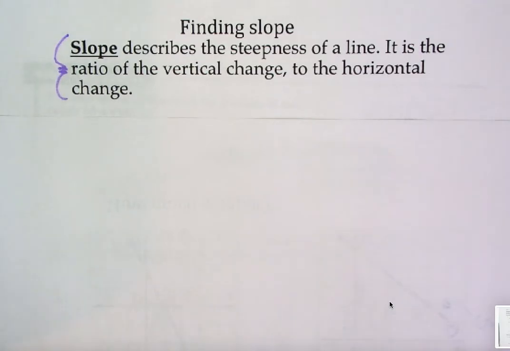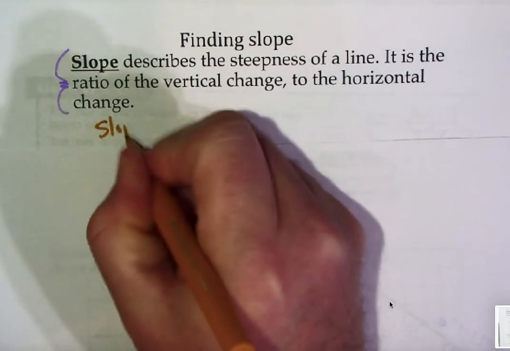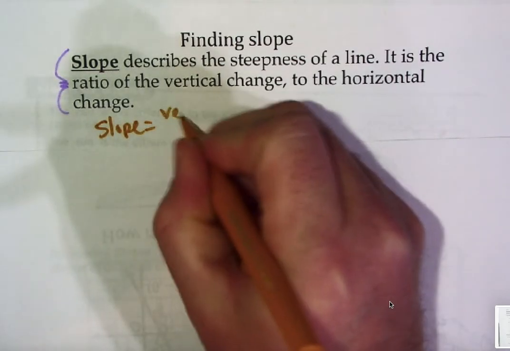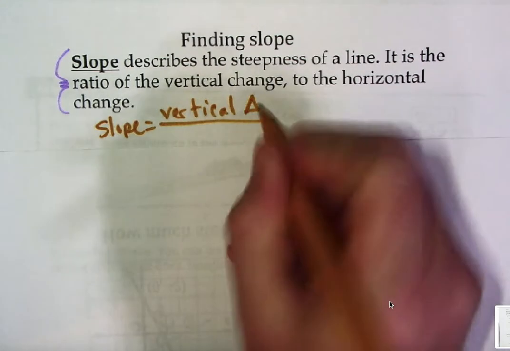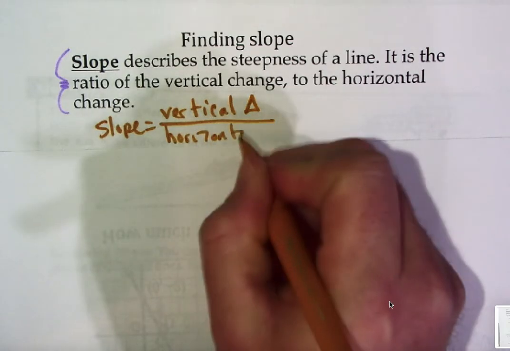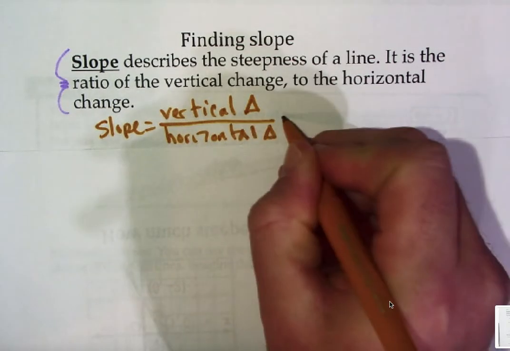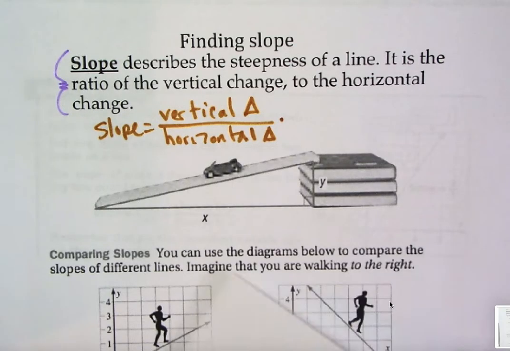It's a ratio of the vertical change to the horizontal change. And I want you to add this to your notes. Delta is a word for change. I don't know if you learned that last year because of COVID, but we just have to find the vertical change and the horizontal change, and I can tell you how steep it is. We can give it a number, okay?